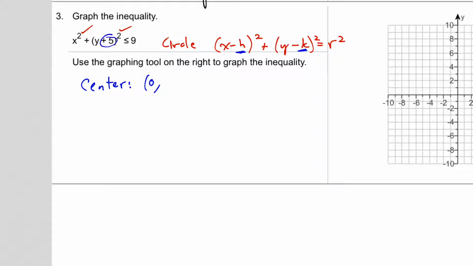And there's the k, so it's going to be negative 5. Okay, so it's the opposite of the inside there, because the formula has a minus. All right, and we need another minus to make that positive. So then the radius squared is 9, so that means the radius is 3.